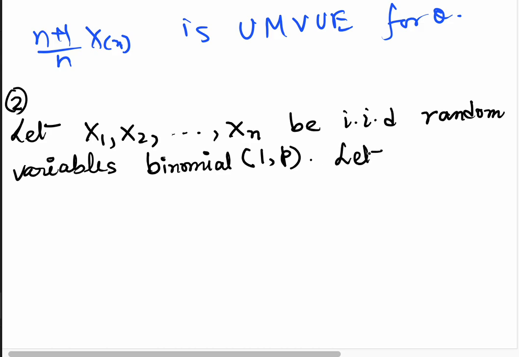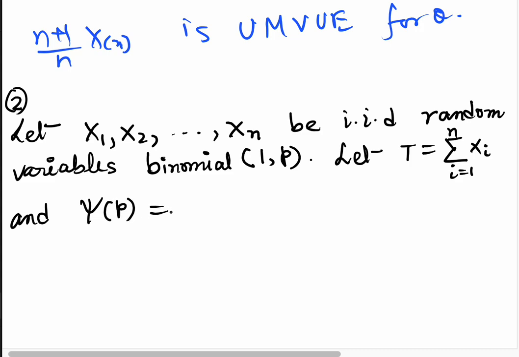Let T be a statistic, that is summation of i equal to 1 to n xi, and psi(p) is the variance of x1.